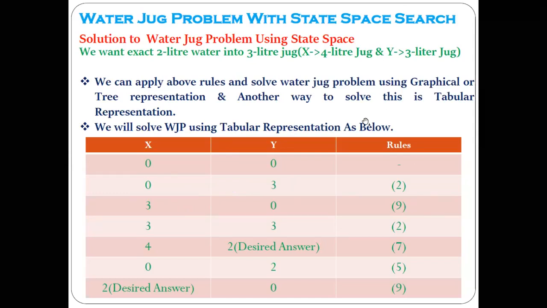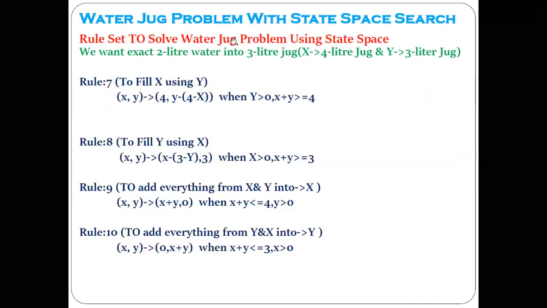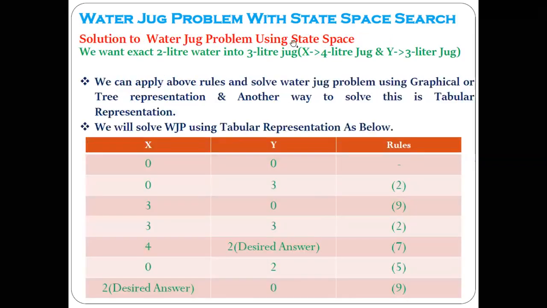Rule number 9 adds everything from X and Y into X. So you apply this rule, and because of that the Y jug will become empty, 0. If you pour everything from this jug into this jug, the amount of water in this jug is 3 liters, and this one becomes empty. Okay, so what is our fourth step?